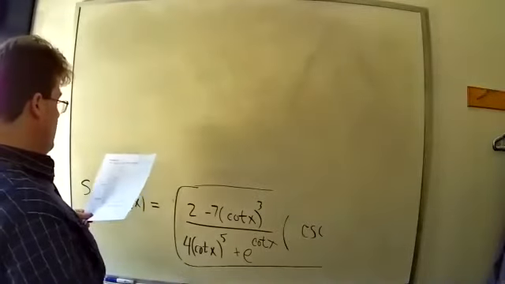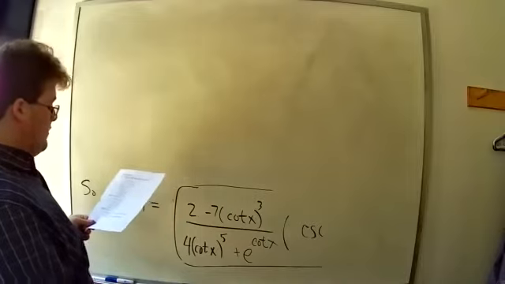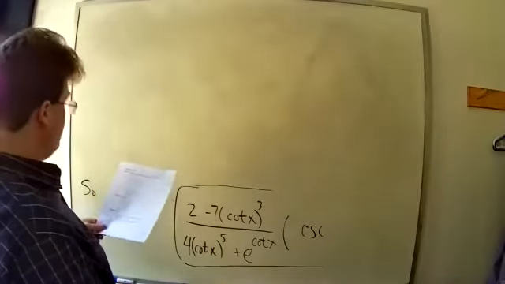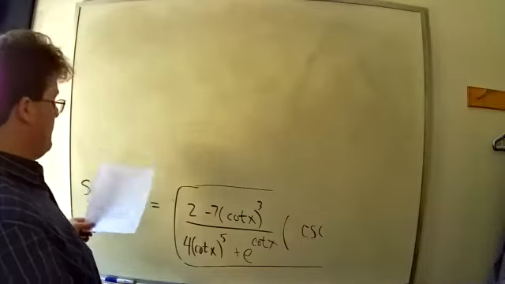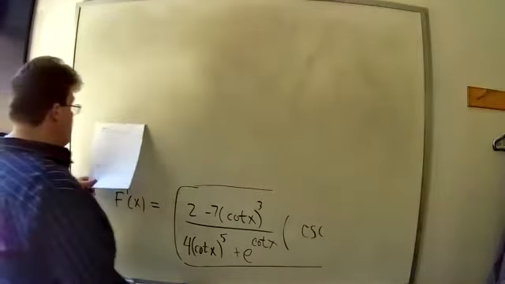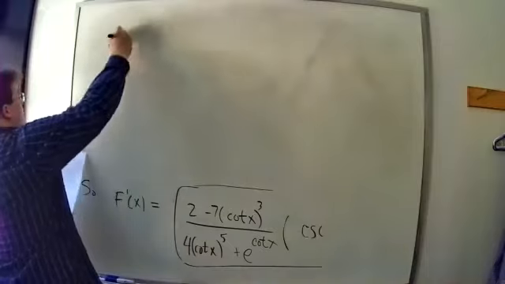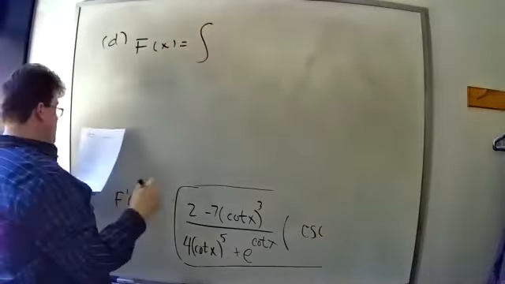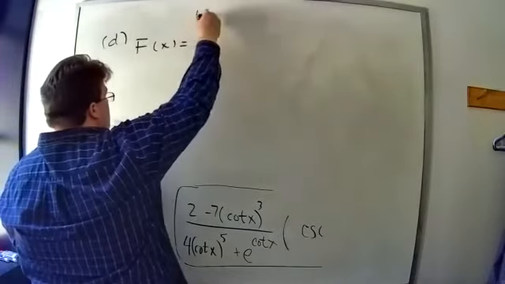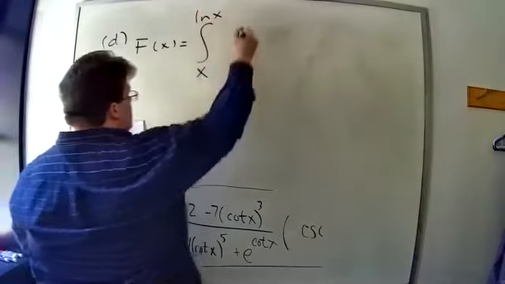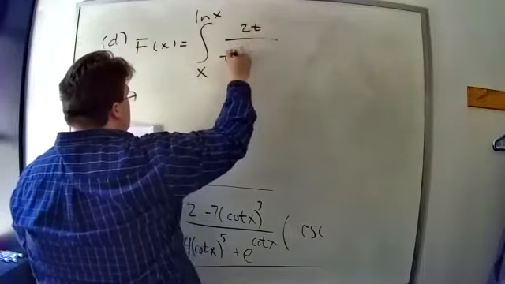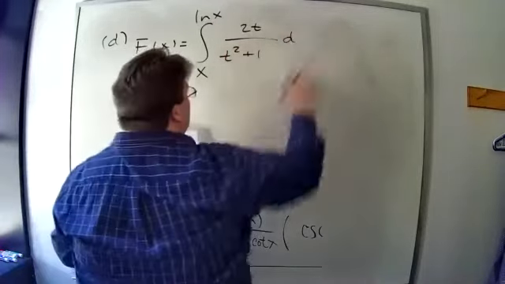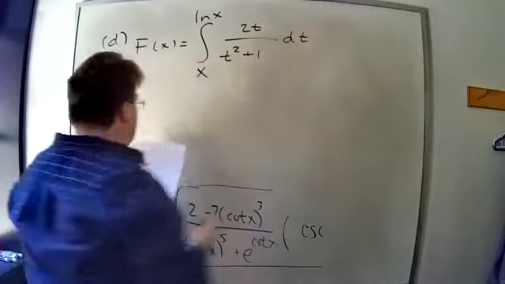If they're t's, the derivative of the integral where I have those bounds as t's would be 0, because as far as x is concerned, that function is constant, meaning it's not a function of x. So this one should be the integral from x to the natural log of x of 2t over t squared plus 1 with respect to t.